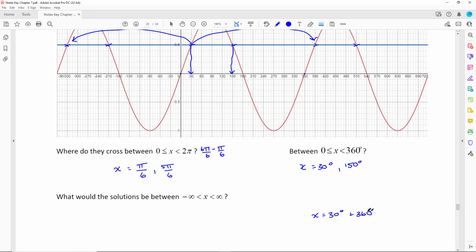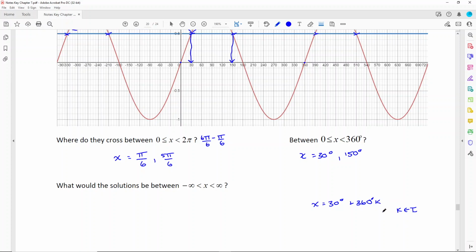So I'm going to give an answer of 30 degrees and add 360 k times, where k can be any integer. In other words, I could put in -1 and then I'm subtracting 360, or I could put in +1 and then I'm adding 360, or I could put in +2 and I'm adding 2 times 360, adding 720 to get the next answer. This is how you would get your infinite number of solutions.